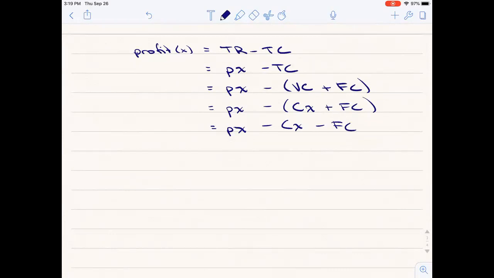To simplify it a little bit more, I can pull out that common X from PX and CX. And so what I have is X times P minus C, and then minus the fixed cost.